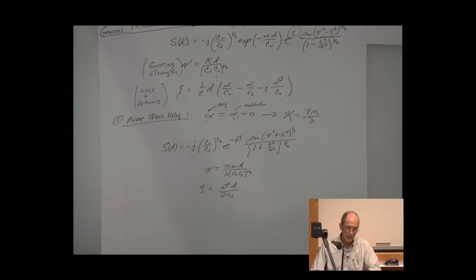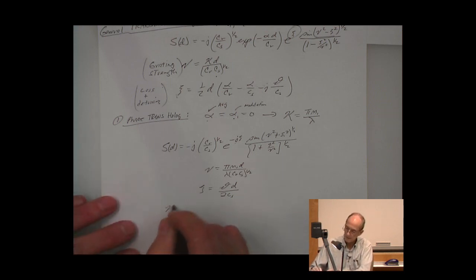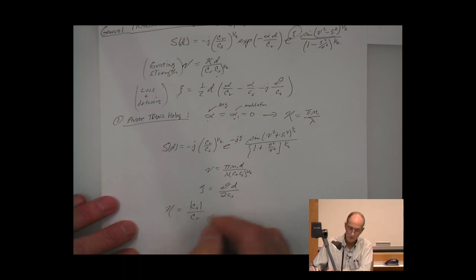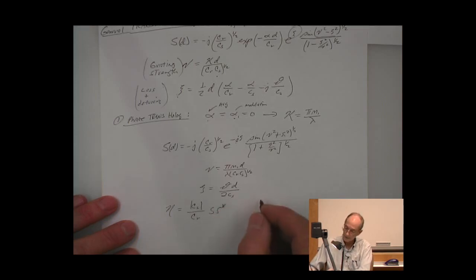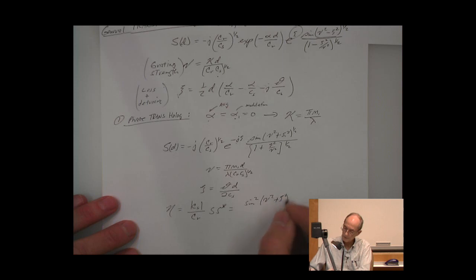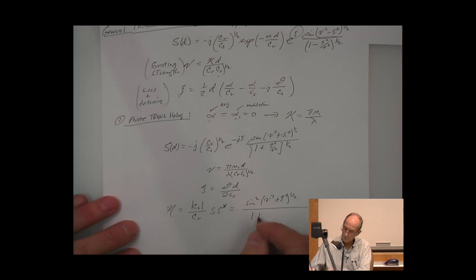Okay, and so again, with that, we have that the efficiency eta, we can write that as just being equal to, using our definition, C sub S over C sub R, S S star. And so this now just works out to be sine squared of the square root of nu squared plus chi squared, over 1 plus chi squared over nu squared.